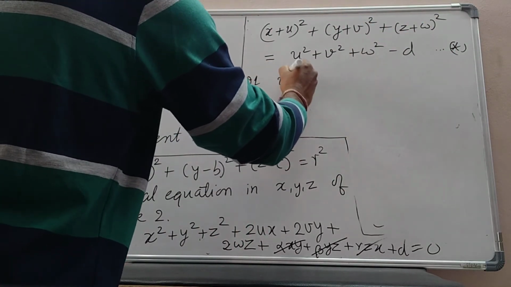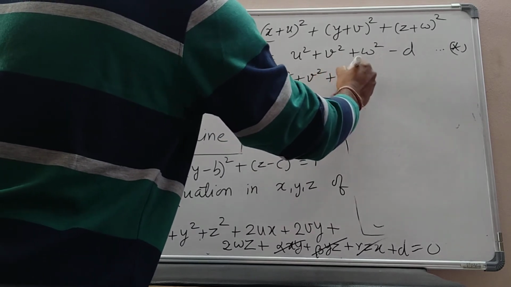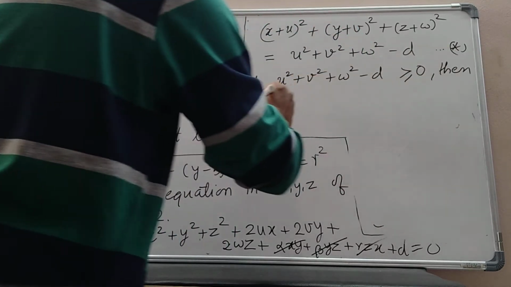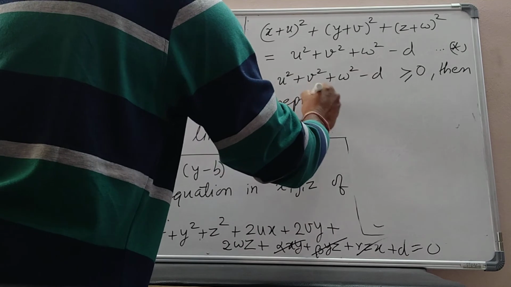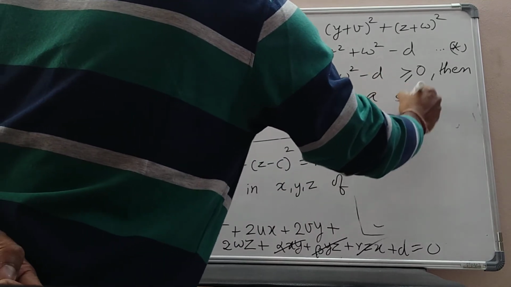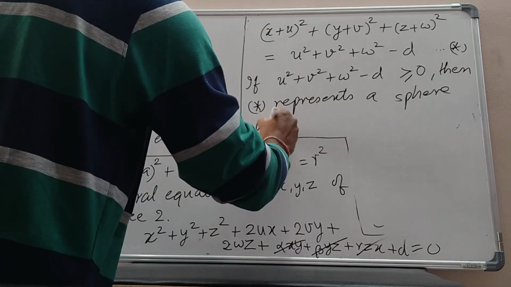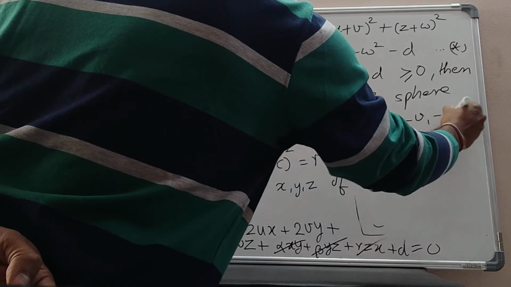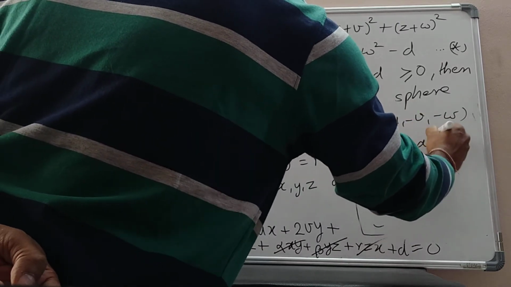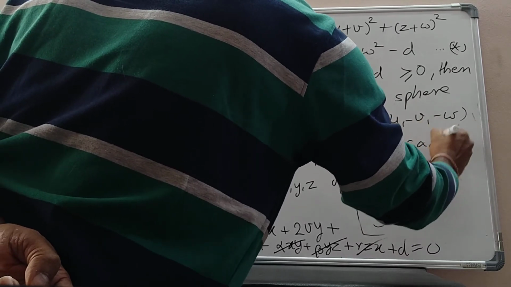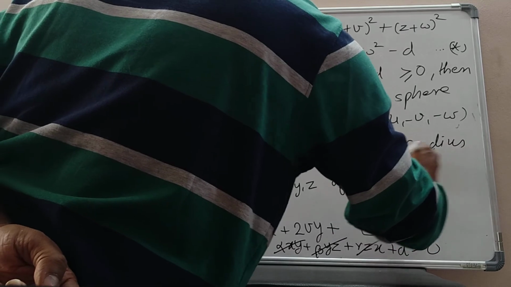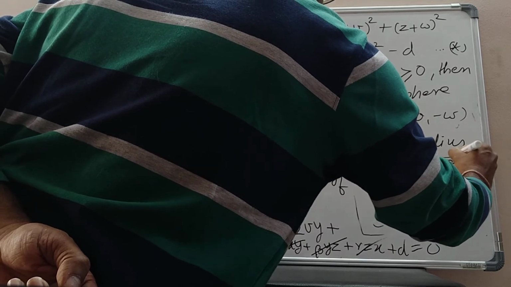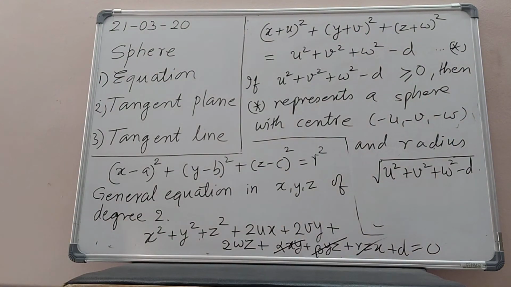If u square plus v square plus w square minus d is greater than or equal to 0, then star represents a sphere with center and radius as given.